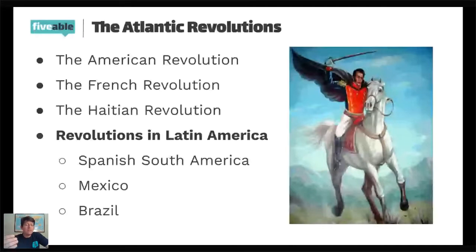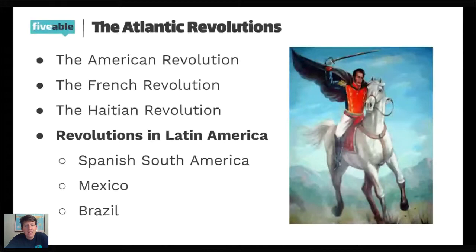Now, revolution in Latin America, especially in Spanish South America, which we're going to talk about first, is primarily led by the person you see pictured here, Simón Bolívar. And this also comes out of the Napoleonic Wars. The armies of Napoleon invade the Iberian Peninsula and occupy Spain.